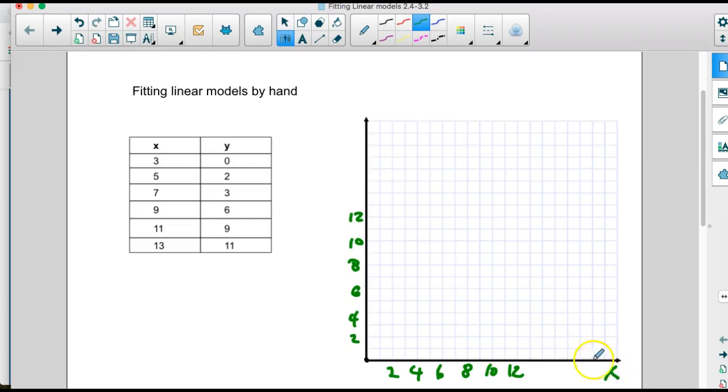So this is X, and this is Y. The first point is 3, 0, which will be a point right there.